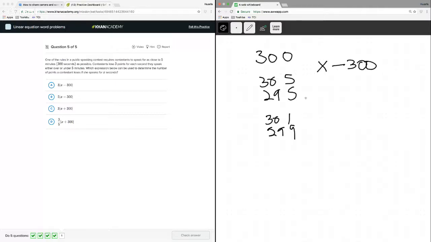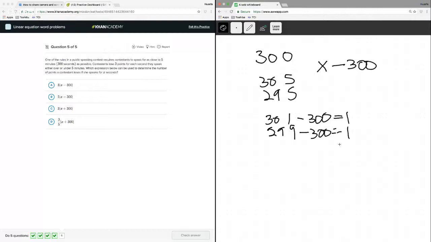But if it's over 300, this quantity will be positive, and if it's under, it'll be negative. Like 301 minus 300 is 1, and 299 minus 300 will be -1. But you're still losing points.